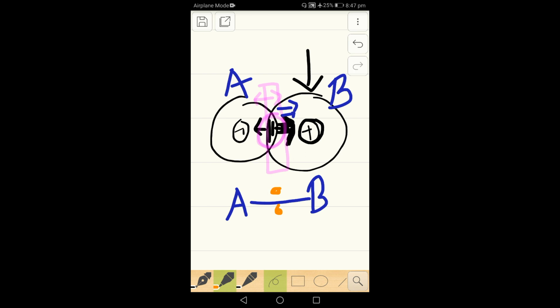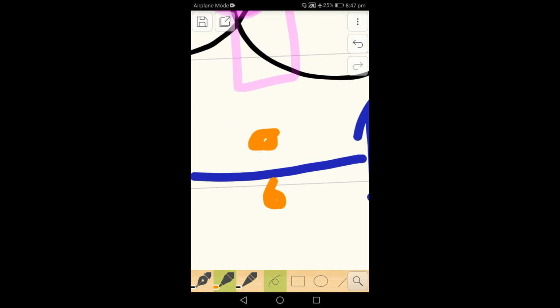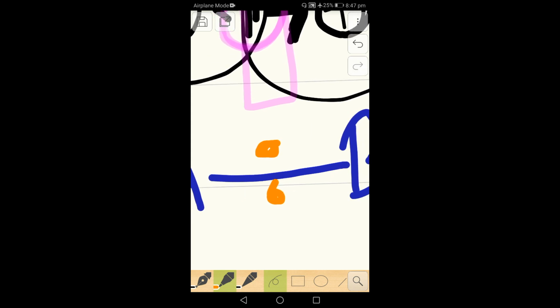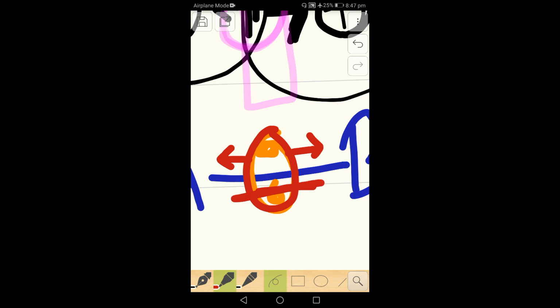If A and B had the same electronegativity, the distance traveled by these electrons towards B would be equal to the distance traveled towards A. That means the vibration range would be the same from the mid position.